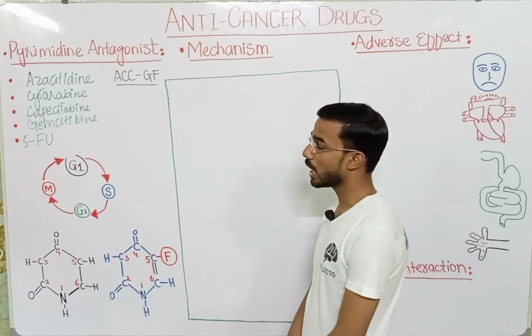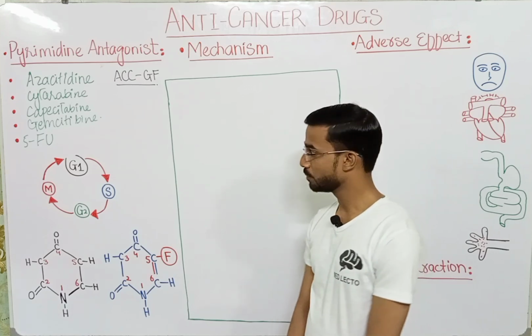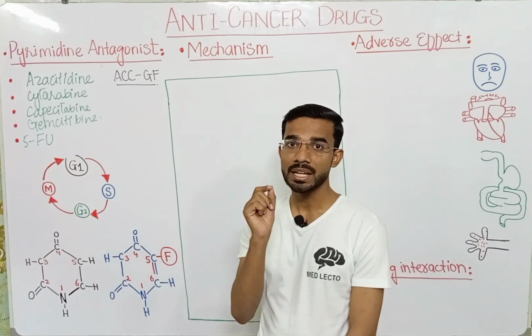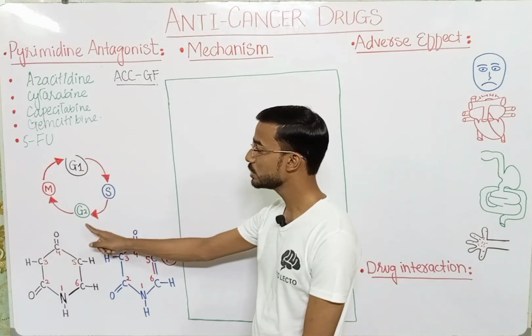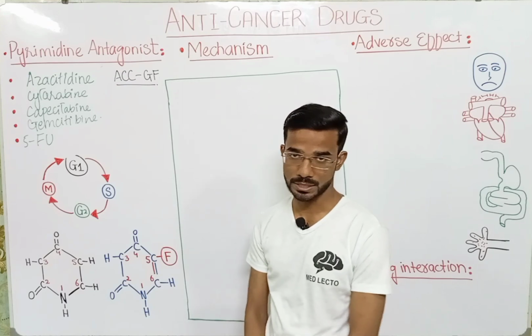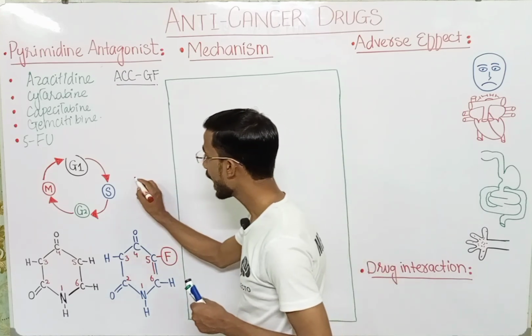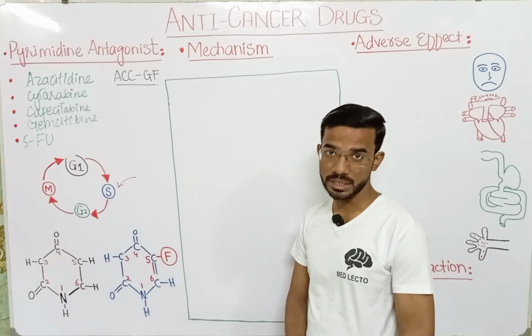Before we start, we will revise the cell cycle. There are 4 most important phases in the cell cycle: G1, S, G2 and M phase. Our main focus will be on the S phase, because in this phase you will see the synthesis of the DNA.